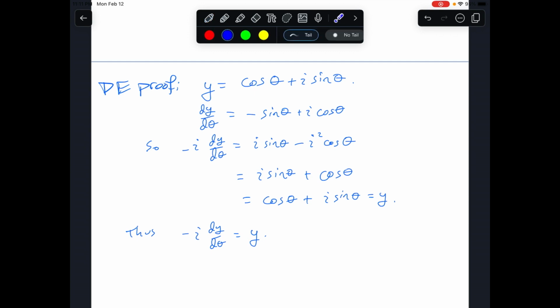All right. So from here, I'm going to bring this i over to the right-hand side. How do I do that? Well, I'm just going to multiply both sides of this equation by i.